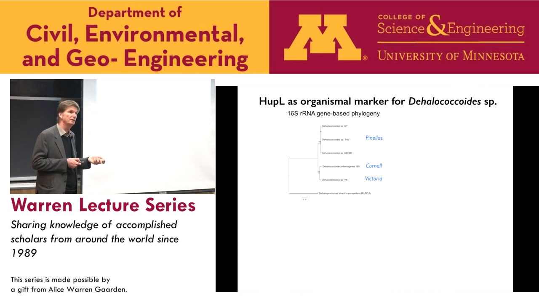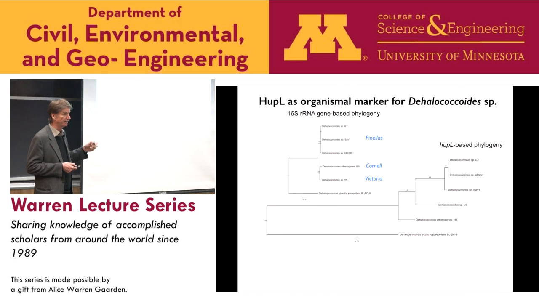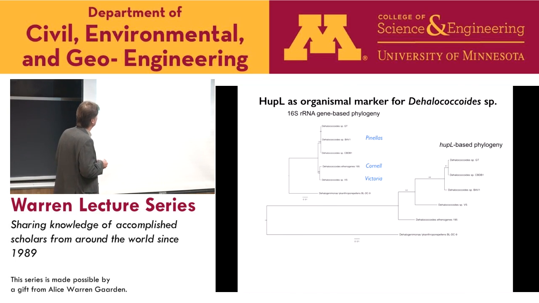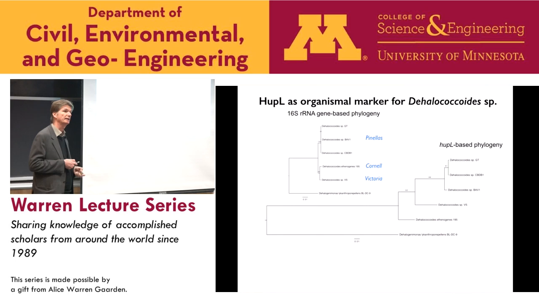But since we know the HupL hydrogenase is a key enzyme for electron uptake and also conserved in the organism, we use the diversity of the HupL hydrogenase as a phylogenetic marker to identify different Dehalococcoides substrains, because the resolution that you get is much bigger. And then we also put these primers on the chips.